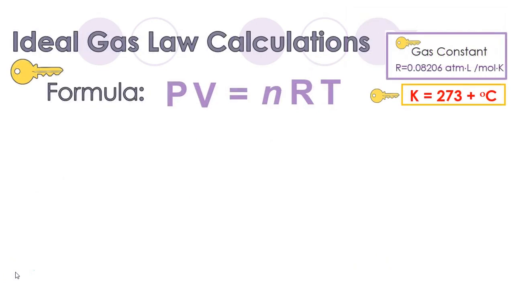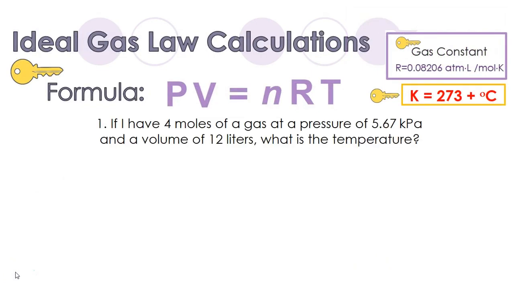So we know the formula is PV equals nRT. If I have 4 moles of a gas and the pressure is at 5.67 kilopascals and our volume is 12 liters, what is its temperature? The first thing I want to do is just make sure I have proper units. Our pressure has to be in atm, so I need to convert this to atm. Our volume is in liters, which is good. We have moles.